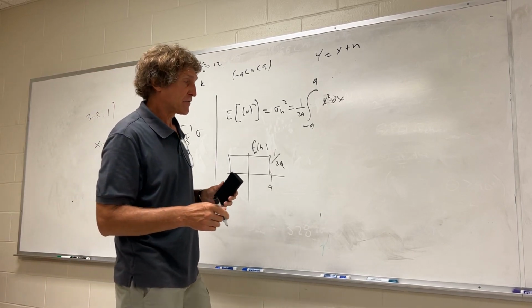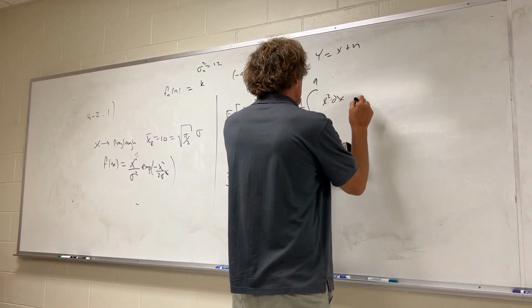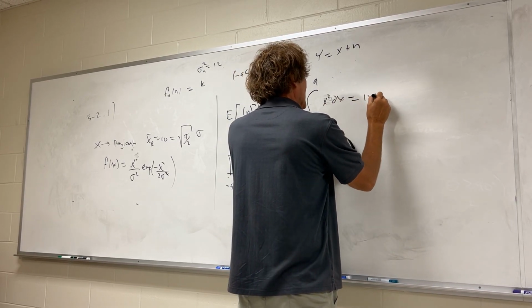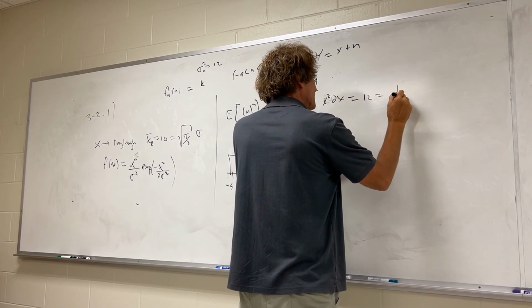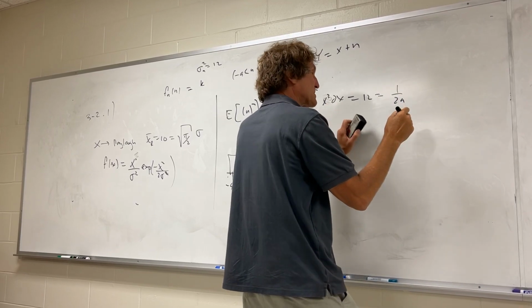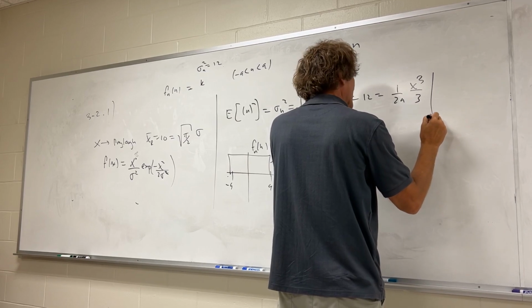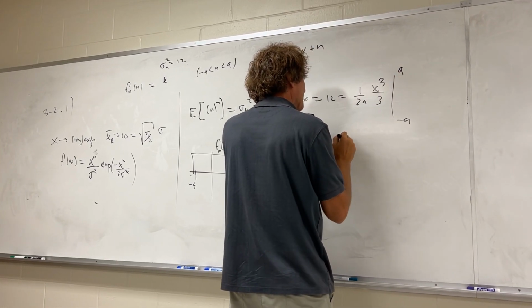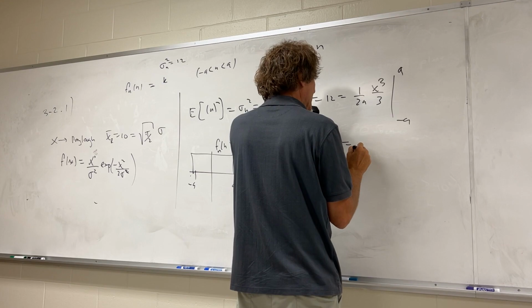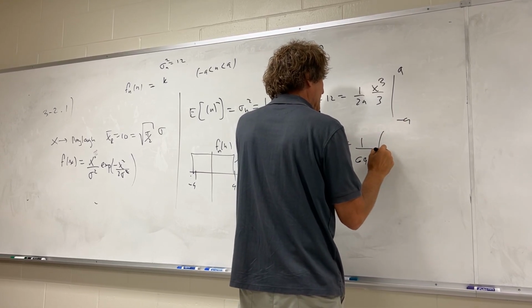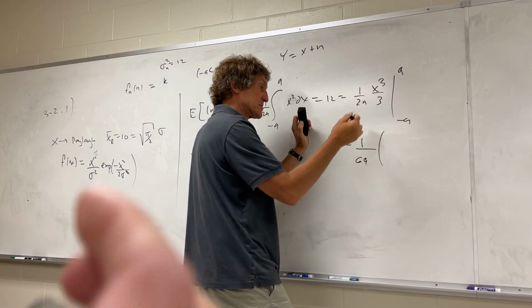Now, to get the value of a, we go here. And we see that sigma n is 12, and it's equal to 1 over 2a. And then we integrate x squared dx, we get x cubed over 3, evaluated from minus a to a. And that's going to be 1 over 6a, and we get a cubed, because 2 times 3 is 6.